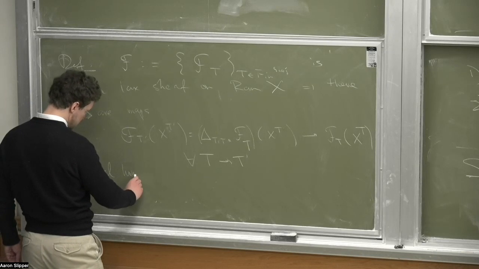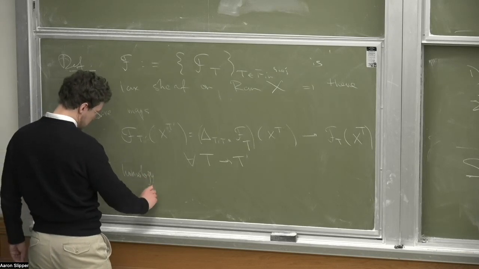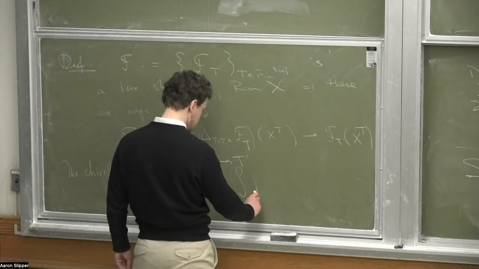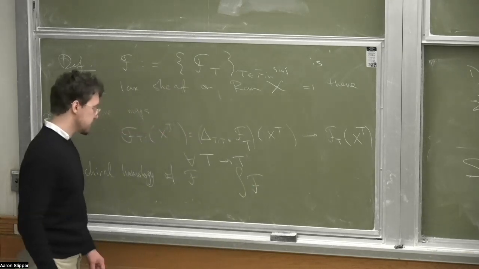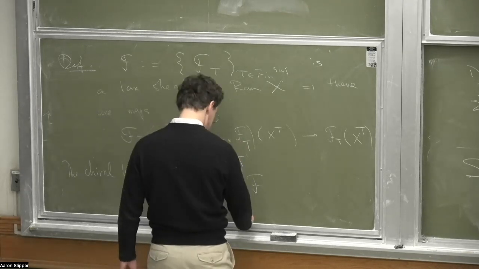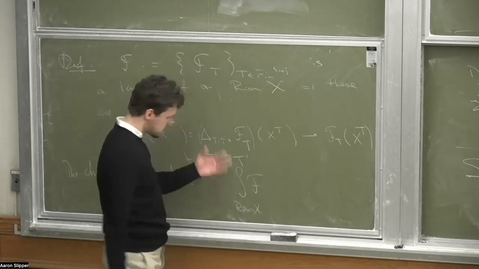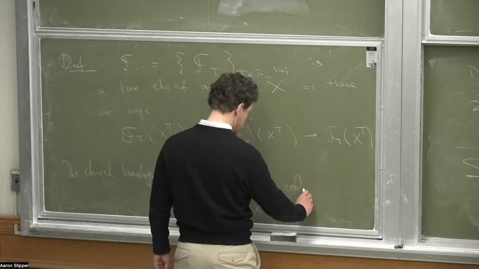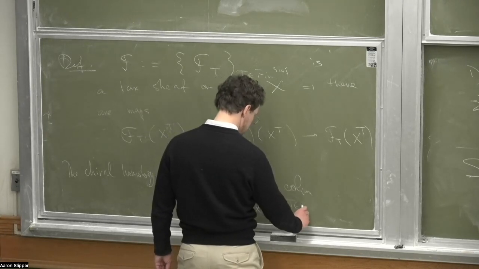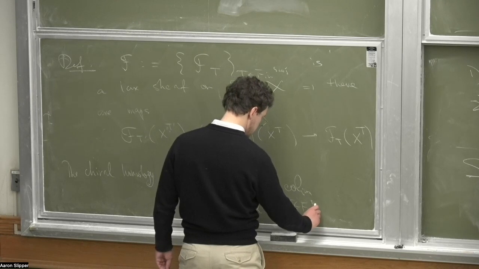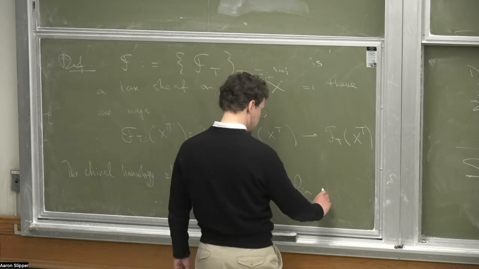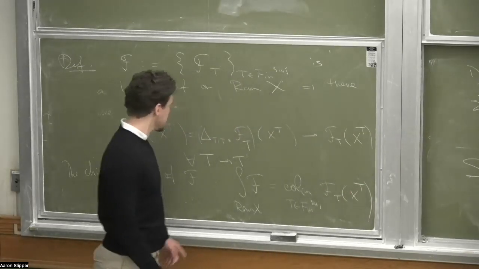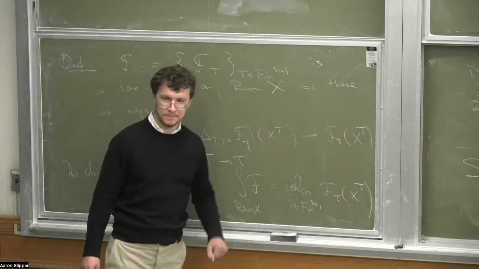By definition, the chiral homology of F, denoted like this, the integral of F over the Ran space, sometimes just integral F, is the colimit over T of these maps using the structure here.